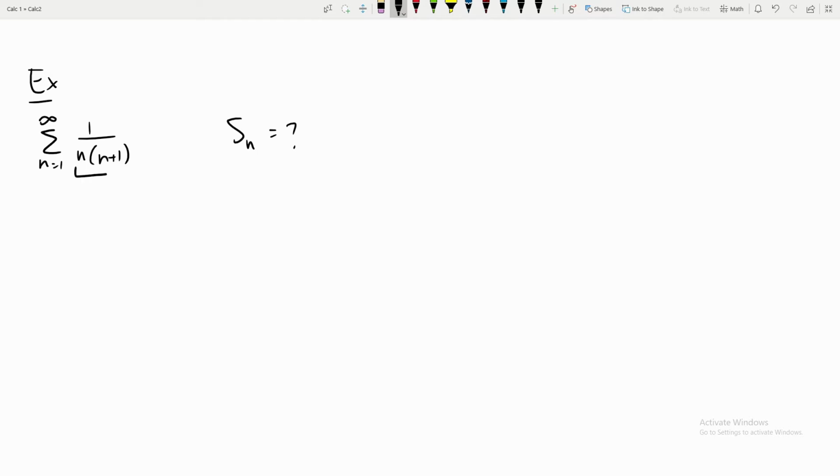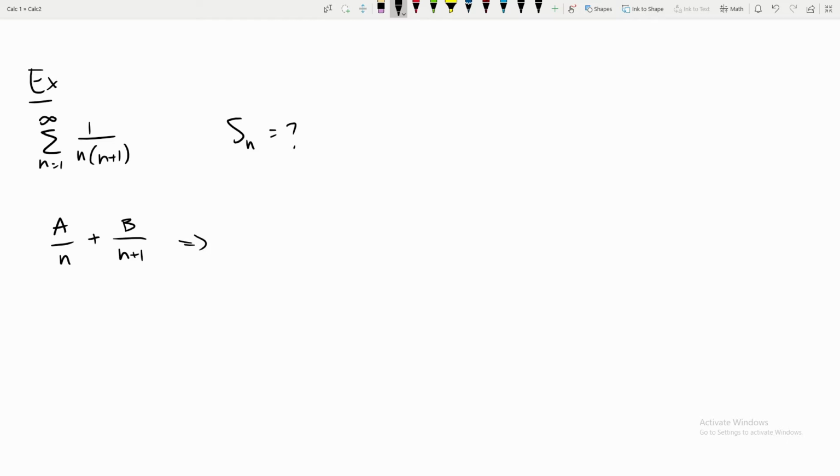We have dealt with these sorts of rational functions back in integration by partial fractions, so it's going to be a similar approach. Basically, we want to split up this rational function right here into a over n plus b over n plus 1, having these constant terms over every linear factor. And then we want to figure out what a and b are.